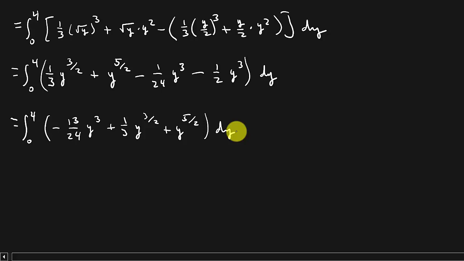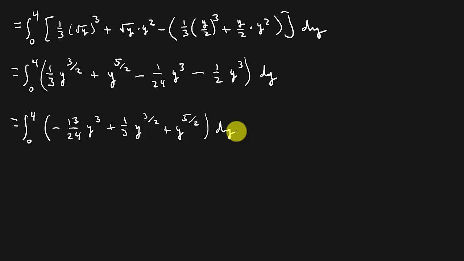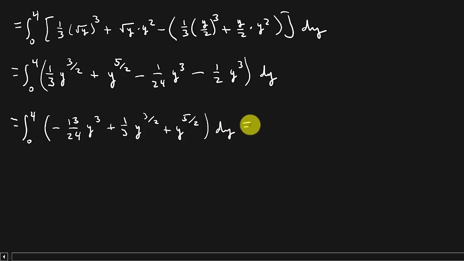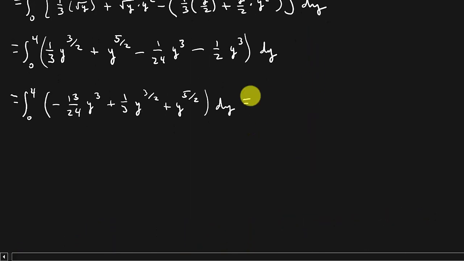All right. So let's see what that does. That's going to give us, I'll come down here. So that's going to give me negative 13 over 96 y to the 4th, right? Because that's 4, then divide by 4, 24 and 4 is 96.